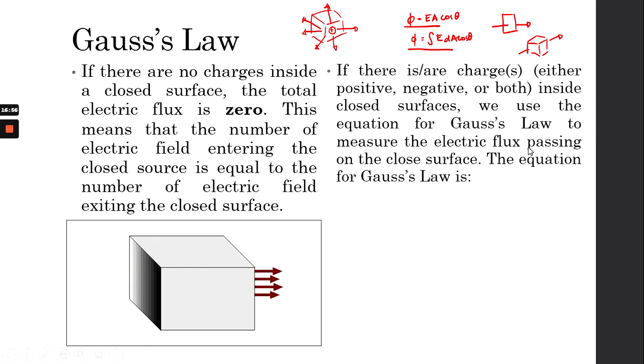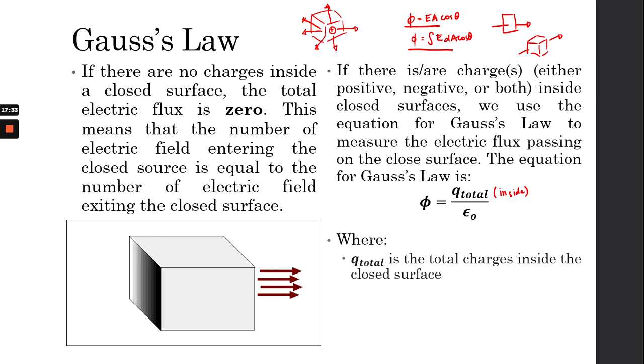If you want to find the electric flux that is passing into a closed surface, provided there is a charge inside your enclosed surface. And the equation for Gauss's law is actually very simple. This is the equation: phi is equal to the total charge inside, remember, this is the total charge found inside of your enclosed surface, divided by epsilon naught. This epsilon naught is what we call the permittivity of free space.